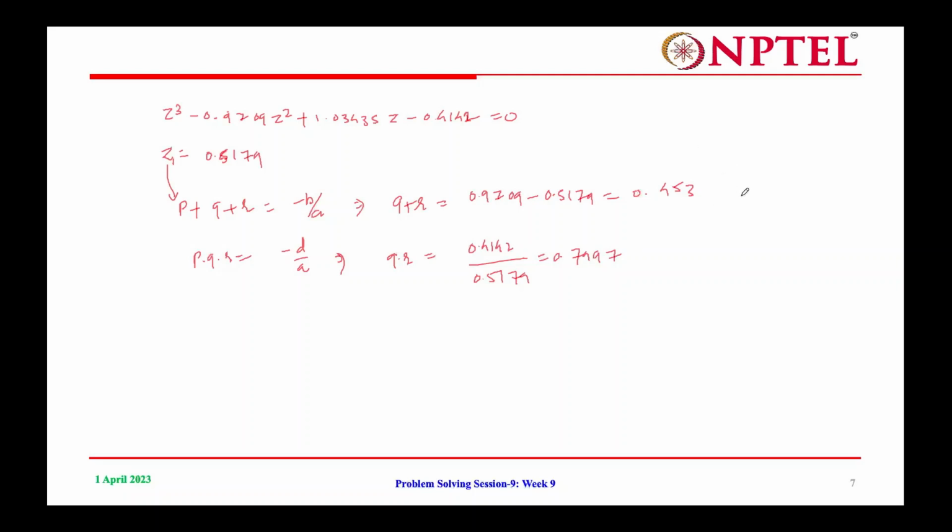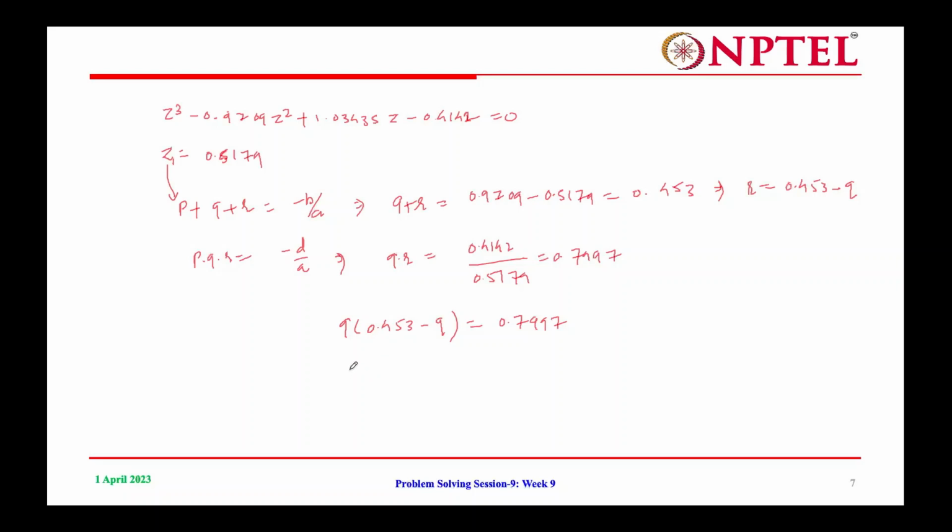Now here R is equal to 0.453 minus Q. Put this value of R in this equation, Q times (0.453 minus Q) is equal to 0.7997, right?